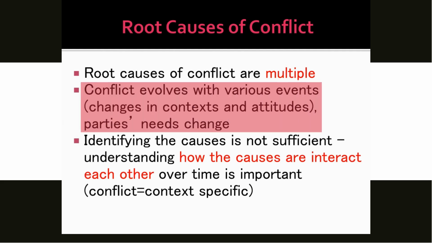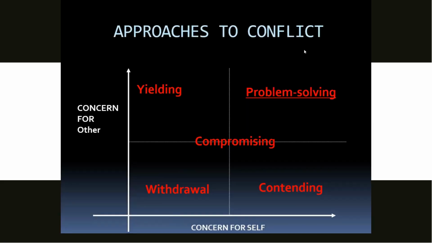We need to carefully study each conflict at each moment because it changes over time. But at the end of the day, we may not be able to resolve conflict completely, but we need to minimize violence in any case, because if violence happens, it becomes more difficult to resolve.